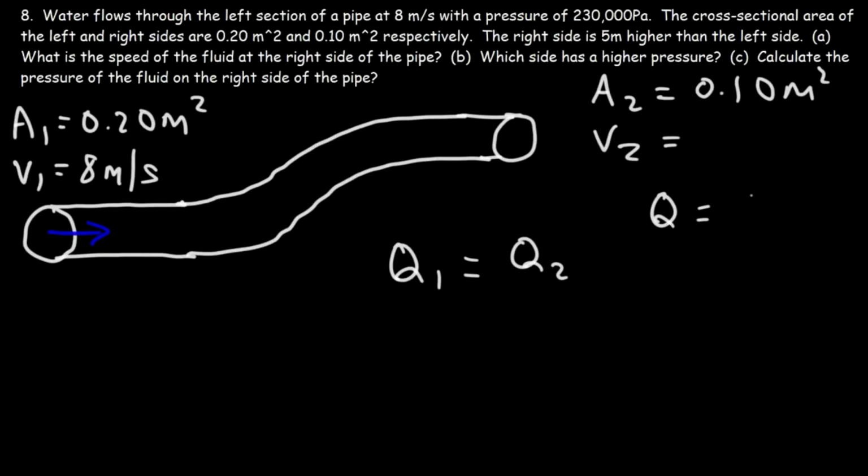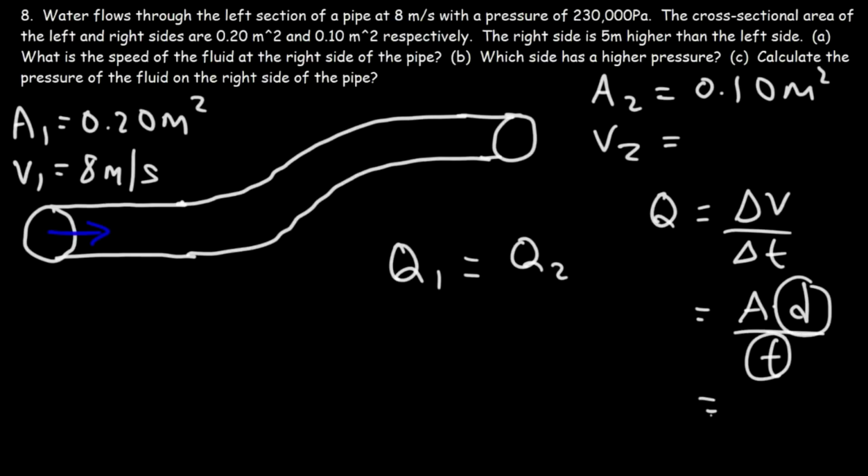Q, the volume flow rate, is the rate at which the volume changes with respect to time. Volume is basically area times distance, if you think of a rectangular prism, divided by time. Distance over time is speed. So the volume flow rate is equal to the area times the speed of the fluid. So Q1 is going to be A1 V1, Q2 is A2 V2.